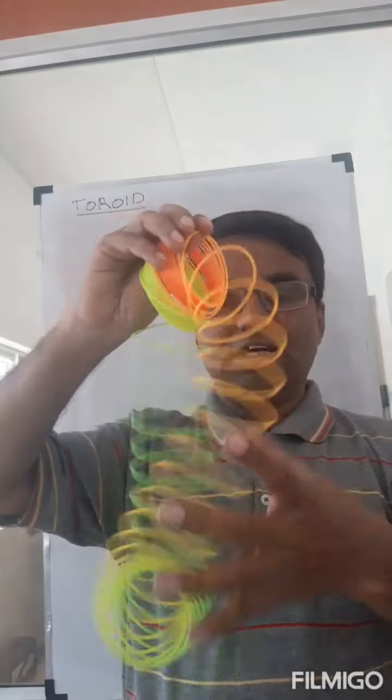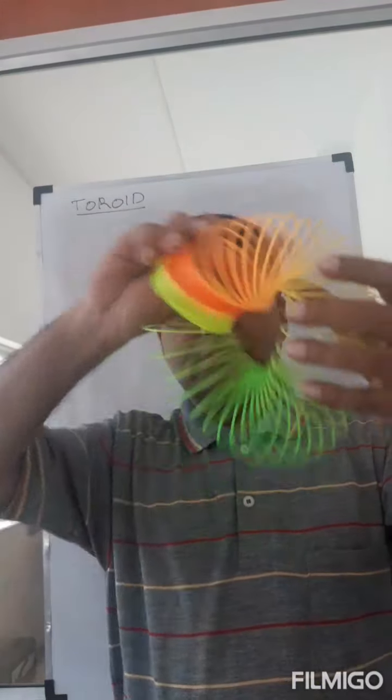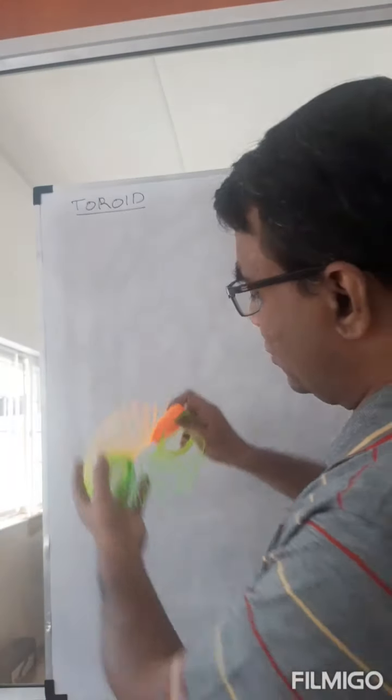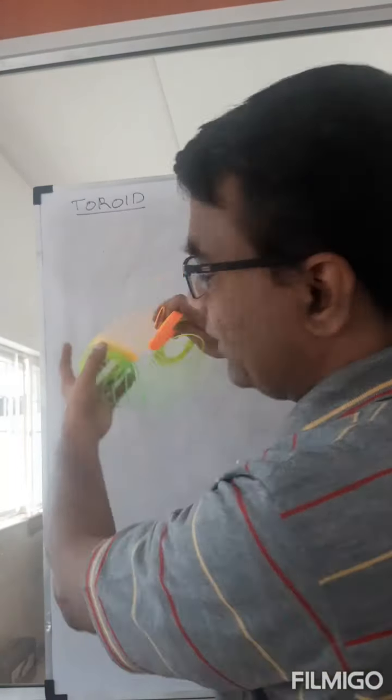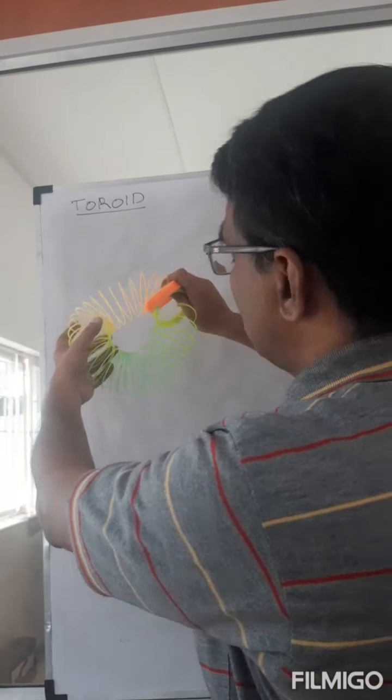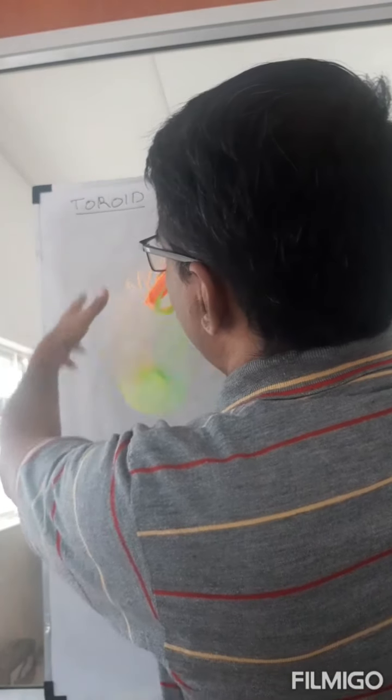A toroid is a solenoid which has been joined end to end in the form of a circle. So a toroid will have this kind of section. Imagine a circle here, and then the toroid would be like this. So that you are going to find the field inside the toroid. I didn't get the toroid exactly, but I will draw it now. But you can imagine that to be a solenoid which has been joined end to end in the form of a circle.